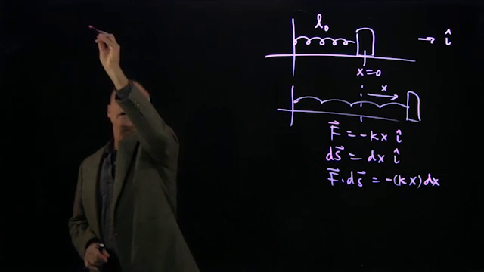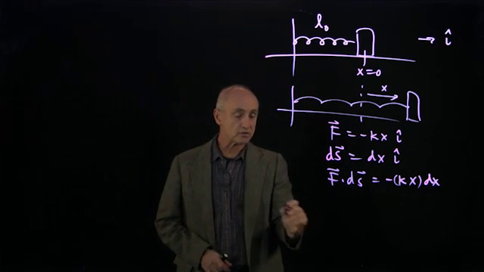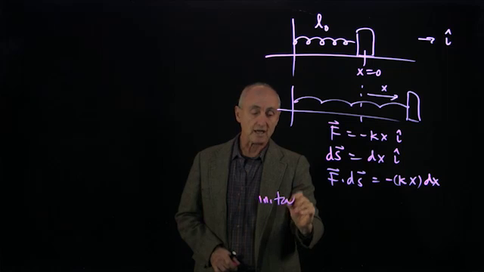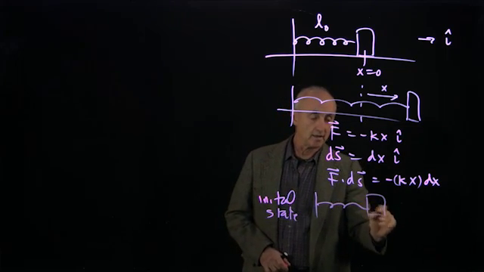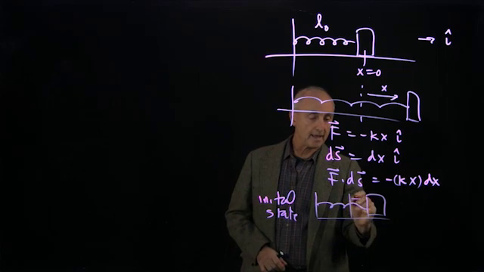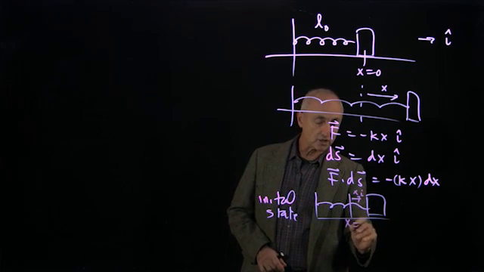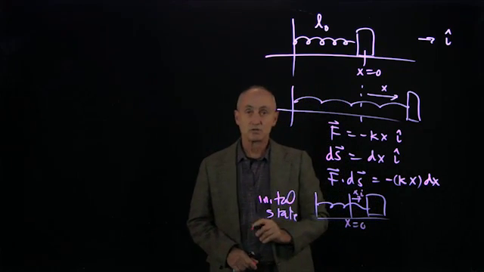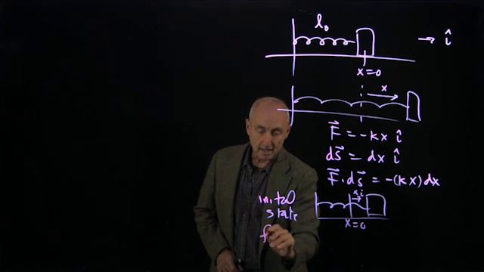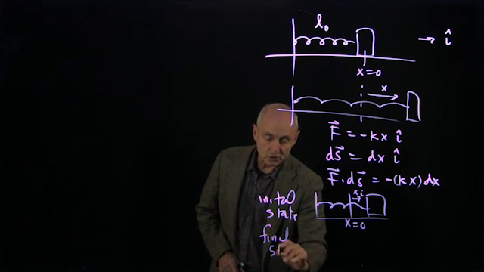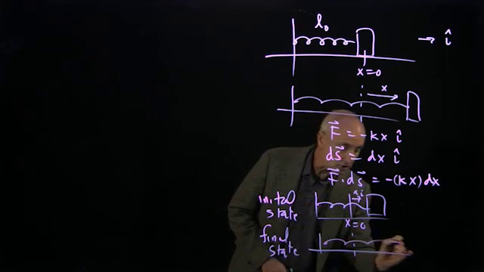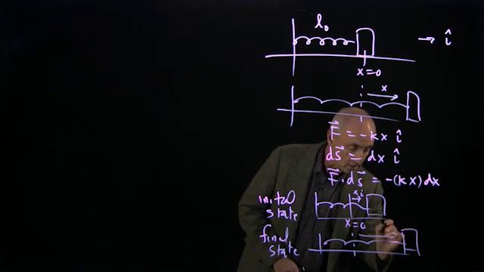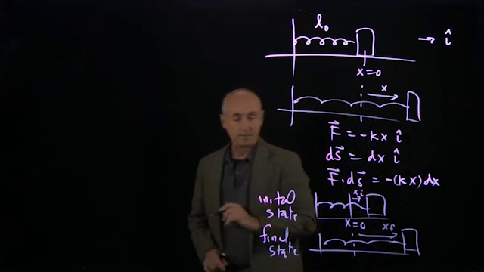Now, for our initial state, let's say that the block from the unstretched position is stretched x initial, and our final state, whether it's stretched or compressed, it won't matter, but we'll just stretch it out a little bit more to x final.